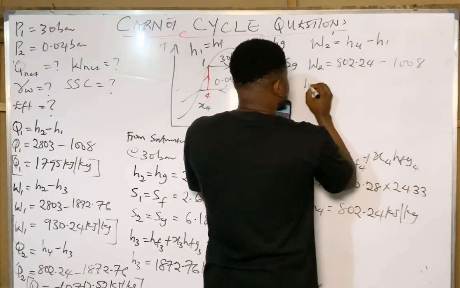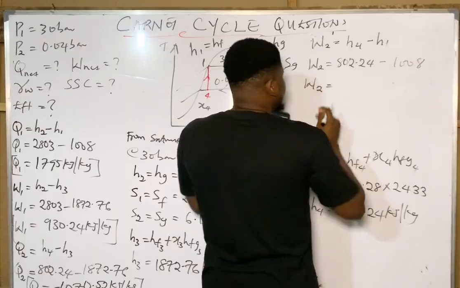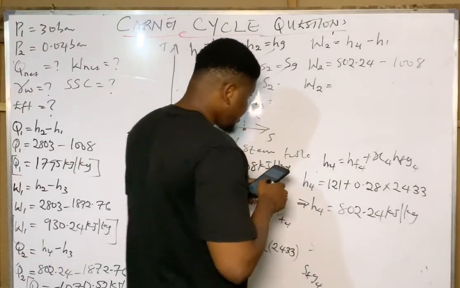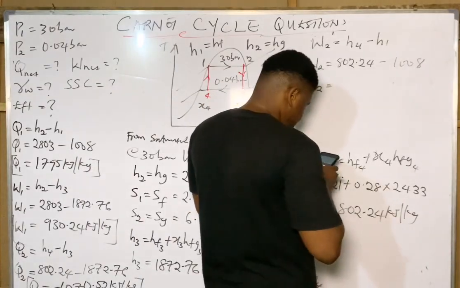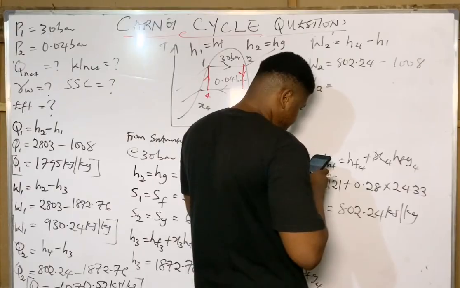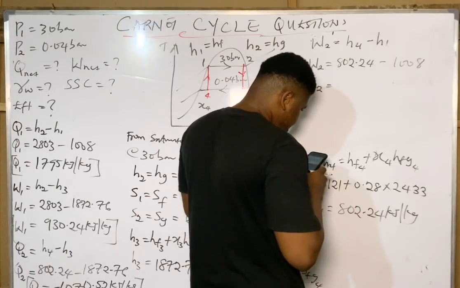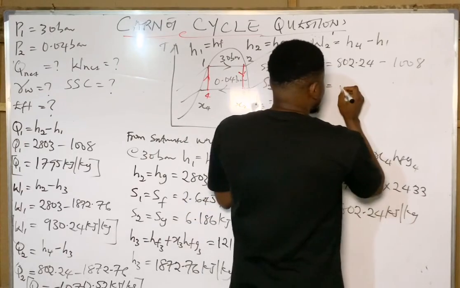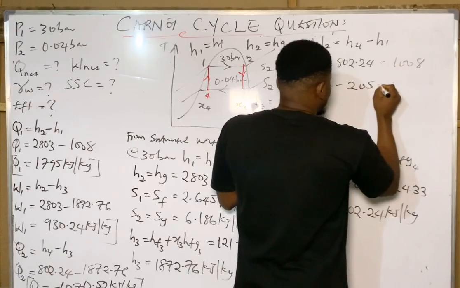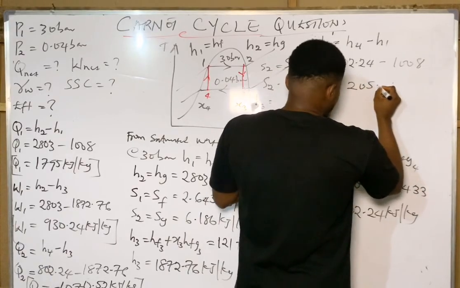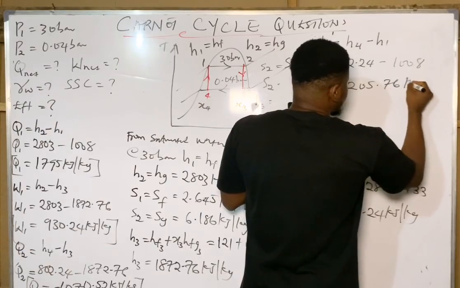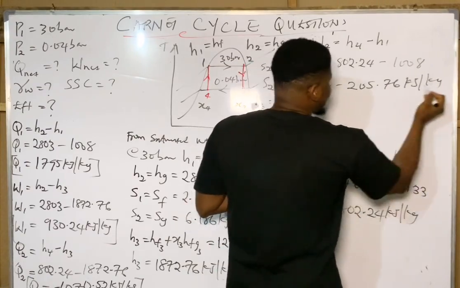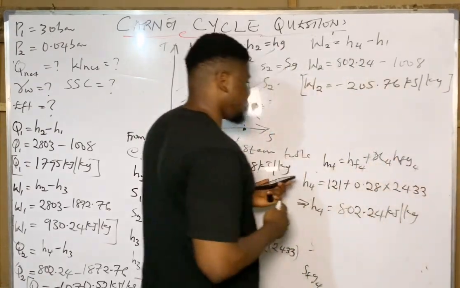So the work added by the compressor becomes 802.24 minus 1008. That gives us negative 205.76 kilojoules per kilogram. Okay, so we have everything we need right now.